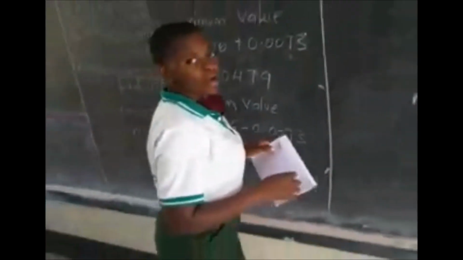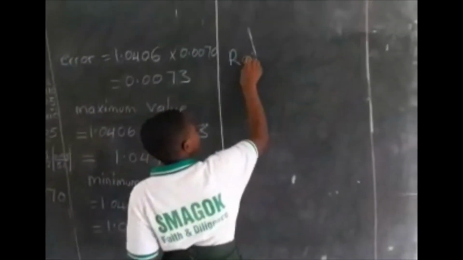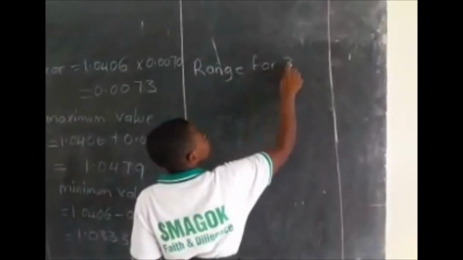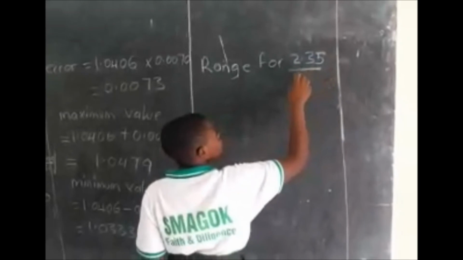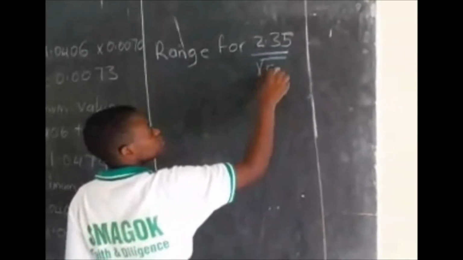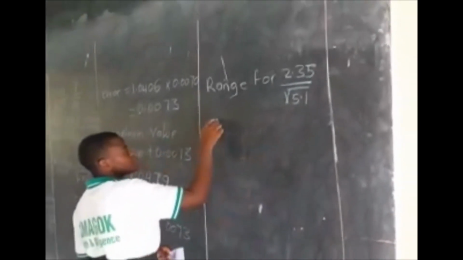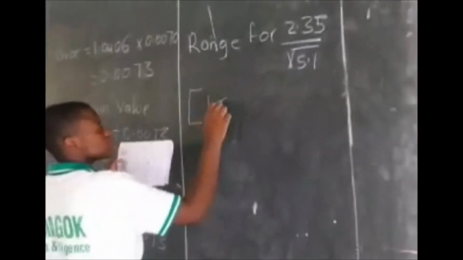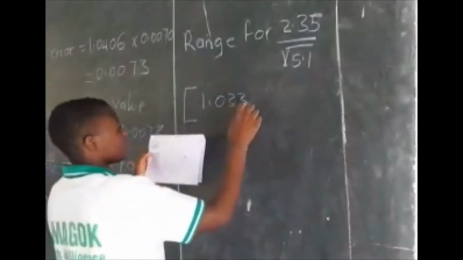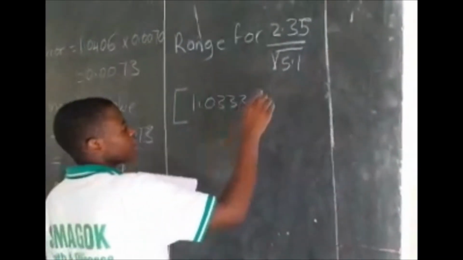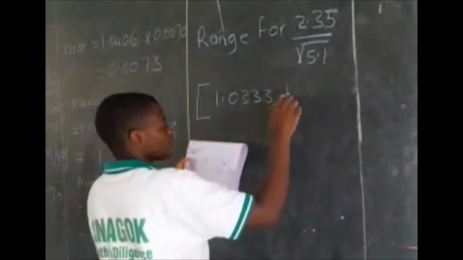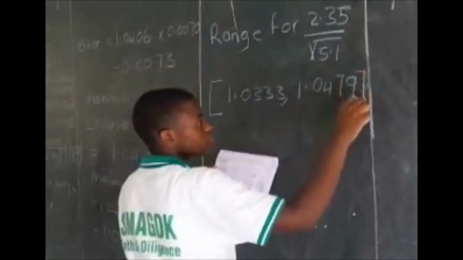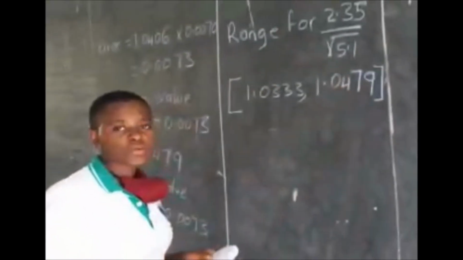Now, from there, we shall find our range for 2.35 out of root 5.1. And our range will be written as 1.0333, which is the lower value, and then the maximum value, which is 1.0479. Hence, this was our number 15 part C.